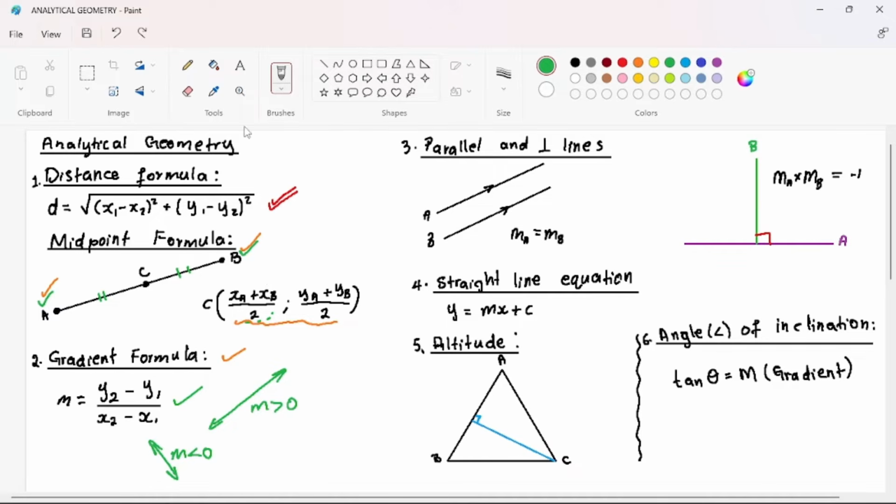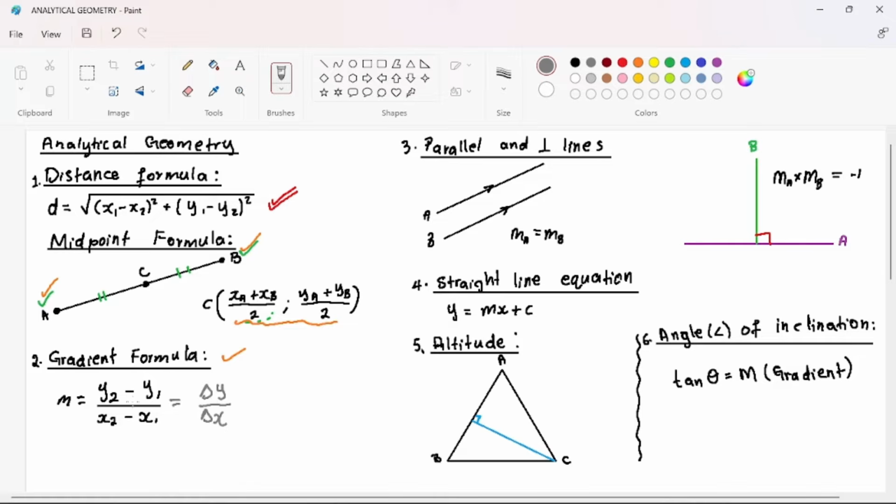So how do you calculate the gradient, right? You can only calculate it if you are given two coordinates, right? Basically our gradient is change in y over change in x, meaning that you must have two coordinates.